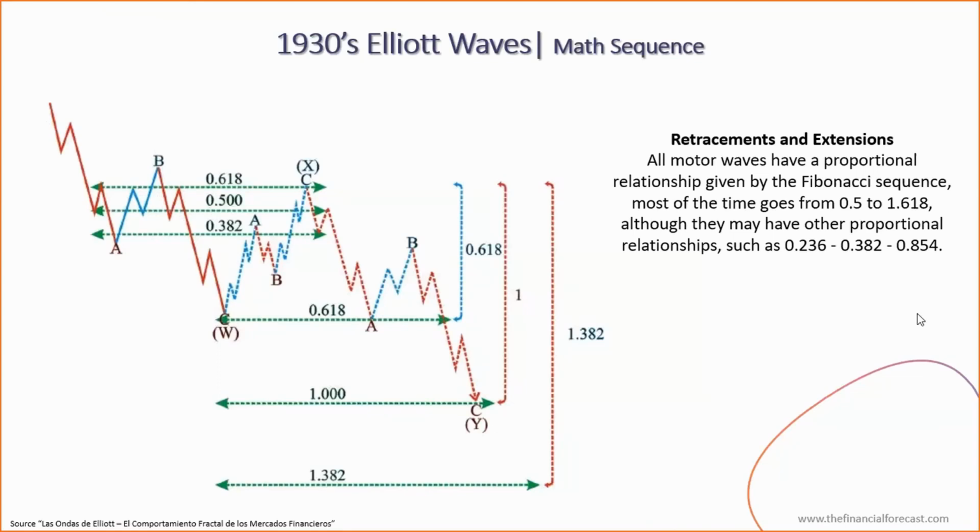But mainly, and we'll see later, there is a condition that we can identify also, that the extensions tend to be around 0.618 and the equal waves, that is the relationship of 1.